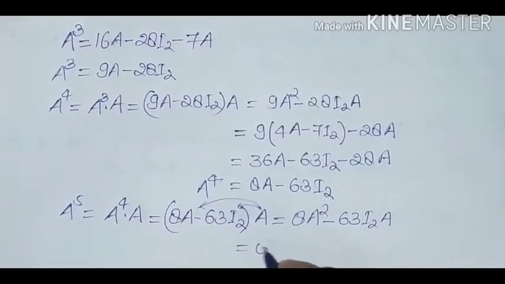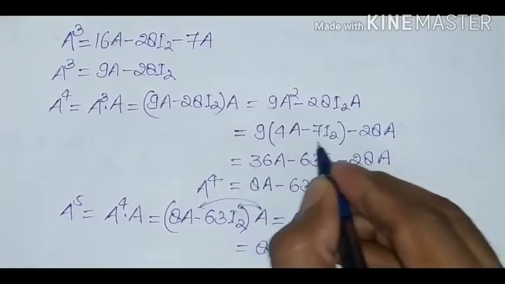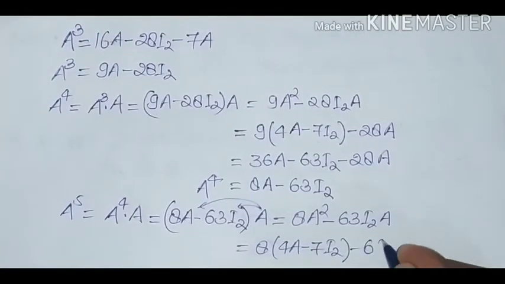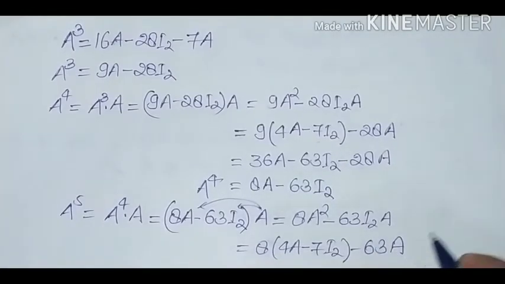Here is 8 into the value of a square, which is 4a minus 7I2, then it will be 8 times (4a minus 7I2) minus 63a, because the value of I2 into a will be a. Now I'm going to multiply by 8 in this bracket, that will be 8 times 4, 32a, minus 8 times 7, 56 I2, minus 63a.